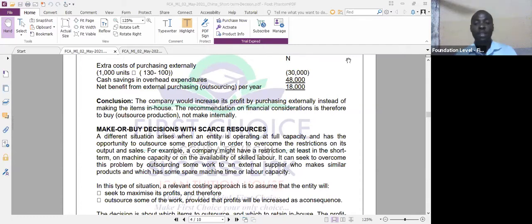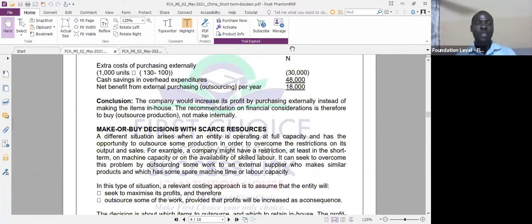or the labor or this factor of production that is so crucial is in limited supply. And because it is so scarce, you add those scarce resources to things that will give you higher profits.